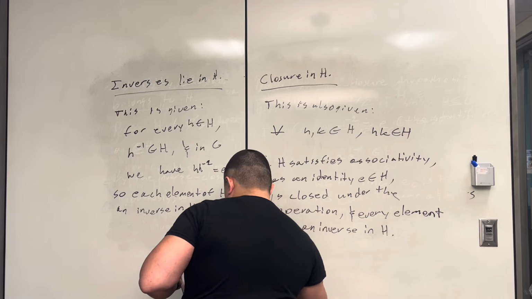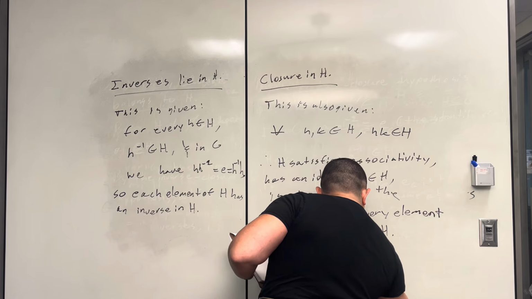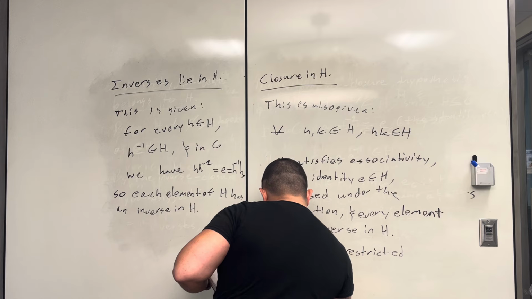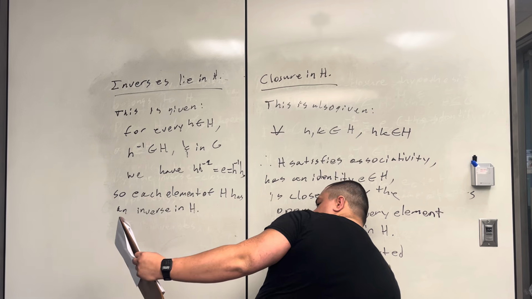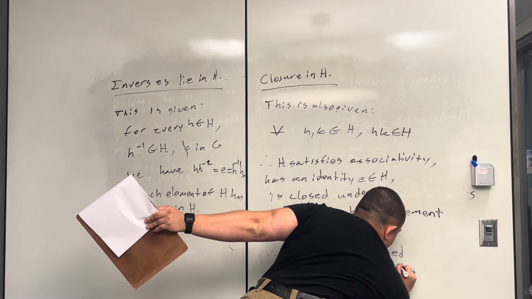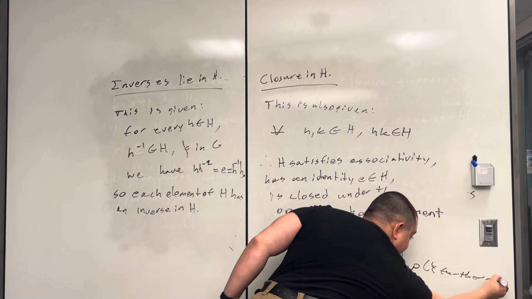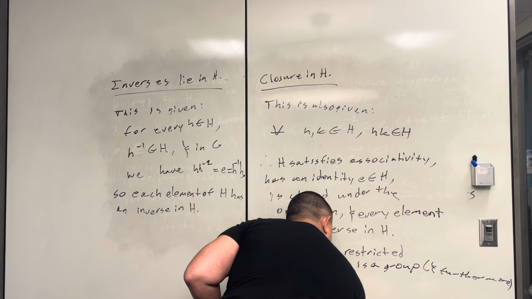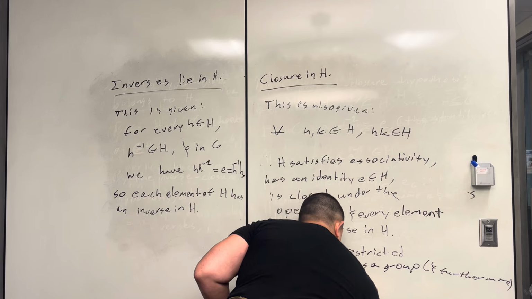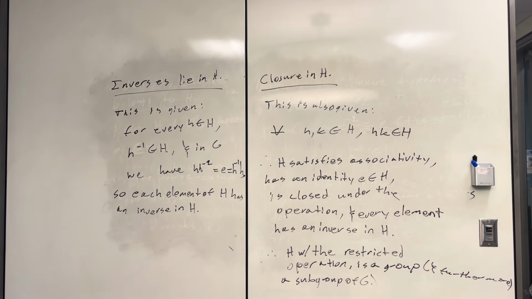Therefore, H with the restricted operation is a group, and furthermore, a subgroup of G. But we weren't asked to prove that it was a subgroup, so much as that it is a group under that operation.